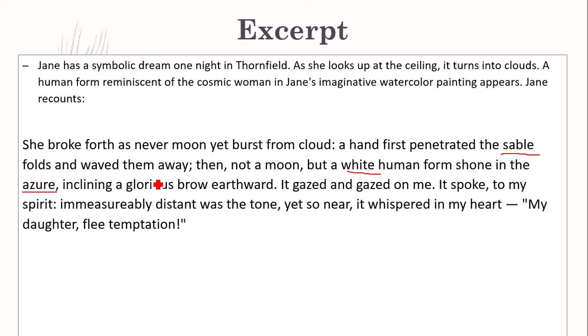So a woman breaks forth like the moon shining. She puts a hand to penetrate the sable folds. I believe that's the bed curtains, to wave them away. And instead of seeing the moon, Jane sees this bright, shining woman gazing upon her, inclining her face down toward Jane from heaven and says, "Flee temptation."